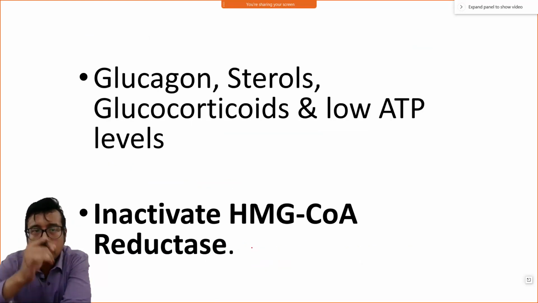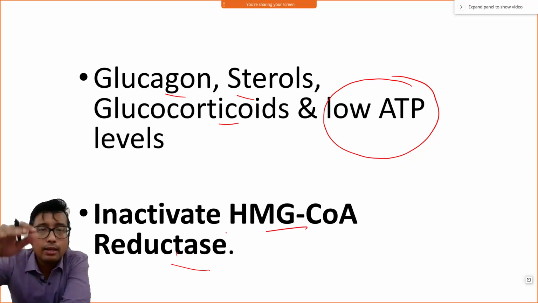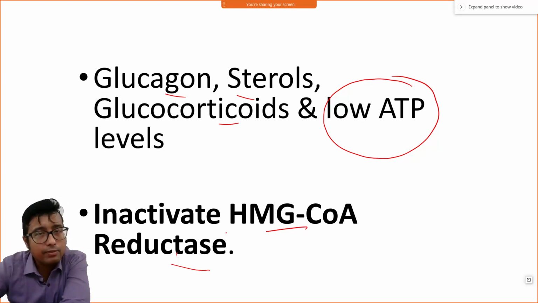Okay. Now apart from that, you already know that insulin अपनी जगह पे है अकेले, and there are other hormones that also act like glucagon, right? So see, glucagon, sterols, glucocorticoid, and ये वाला बहुत important है MCQ के लिए, low ATP level, it inactivates HMG CoA reductase, मतलब energy बहुत अगर कम है, if ATP level is very low, then cholesterol synthesis will also be hampered.